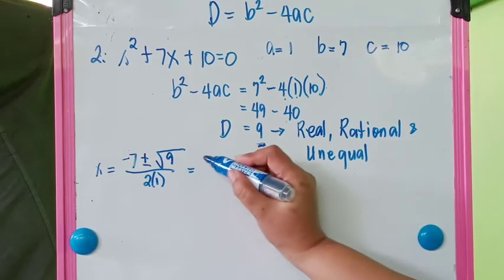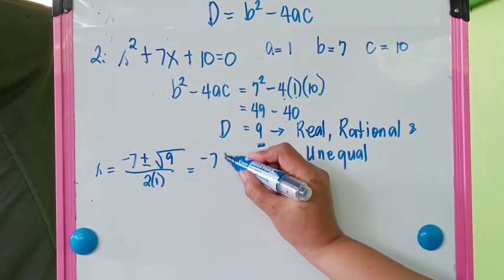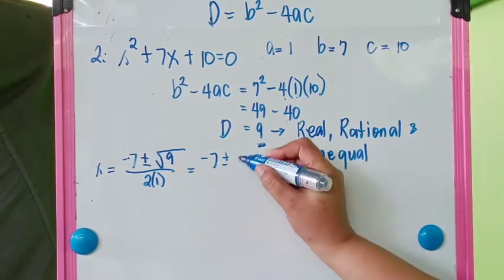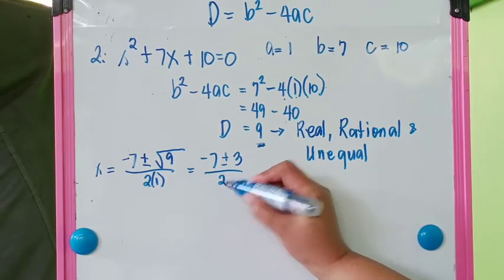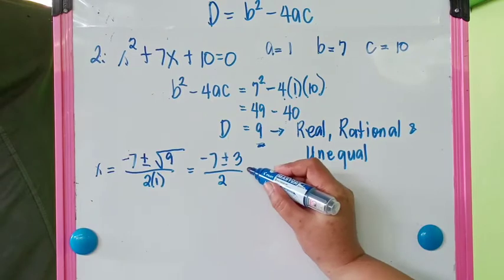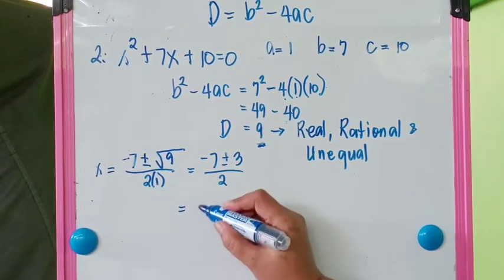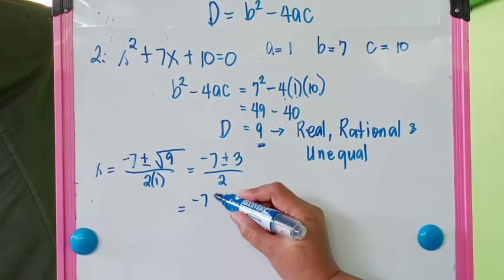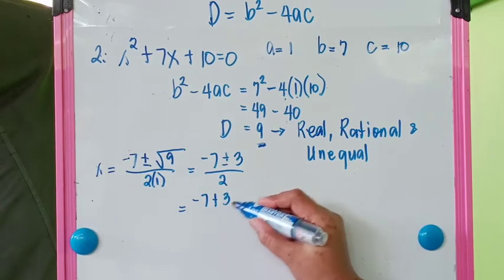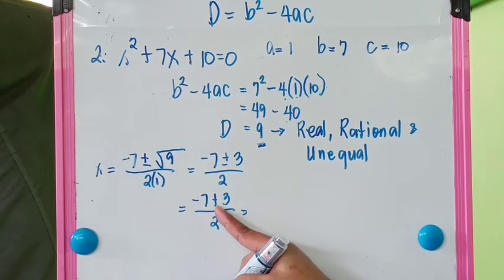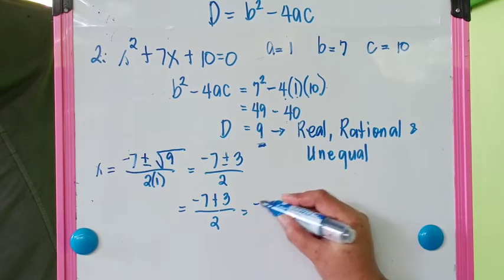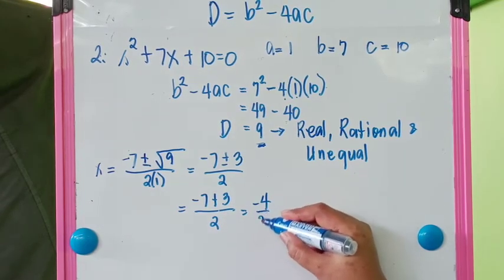So, we have negative 7 plus or minus the square root of 9, which is 3, all over 2 multiplied by 1, which is 2. Then, this is equal to negative 7 plus 3 over 2. So, negative 7 plus 3 is negative 4 over 2.